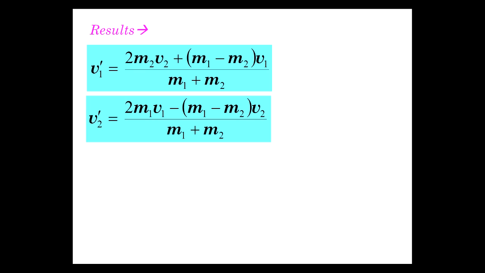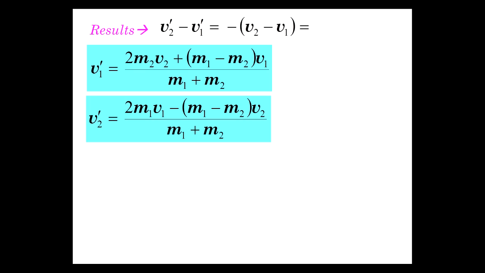And an interesting result that comes from this is if you take v2 prime minus v1 prime, so you take this expression minus this expression, and notice that that is the relative velocity of the two motions, v2 prime minus v1 prime. It's how fast one moves with respect to the other.